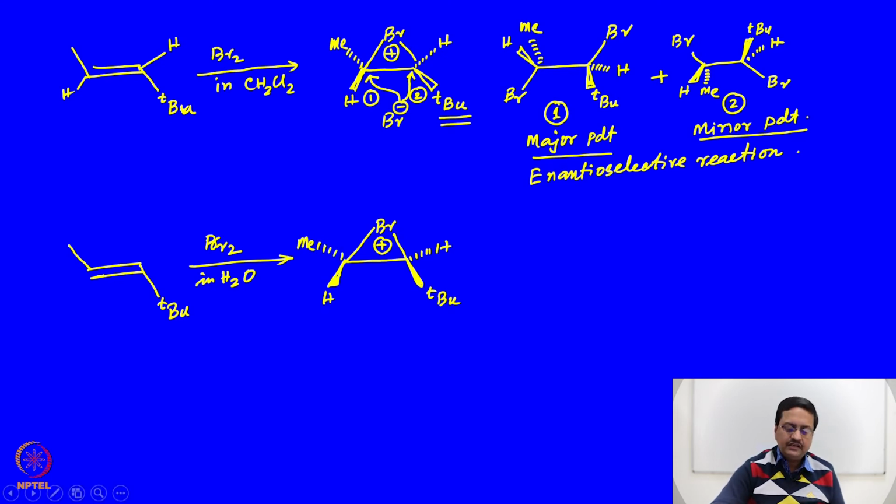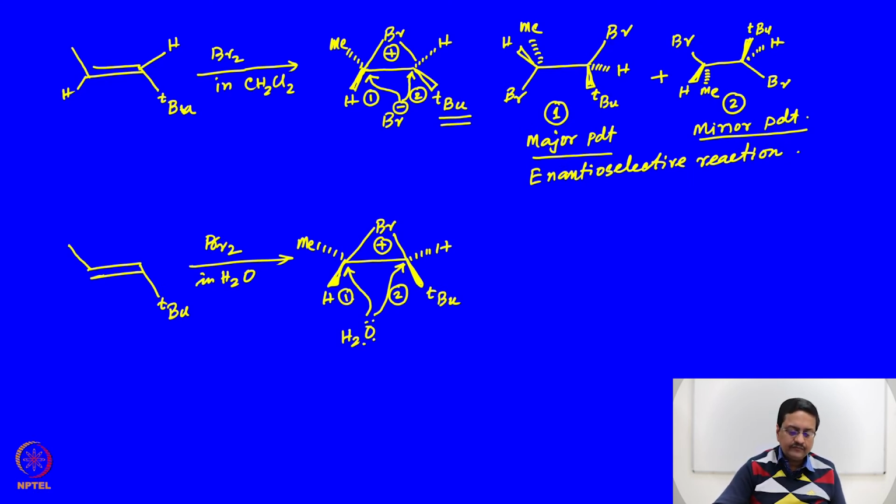So this bromonium ion is first formed, and then the water molecule has the possibility of attacking carbon center 1 or the possibility of attacking carbon center 2. So now again what we see is carbon center 1 is less sterically hindered.